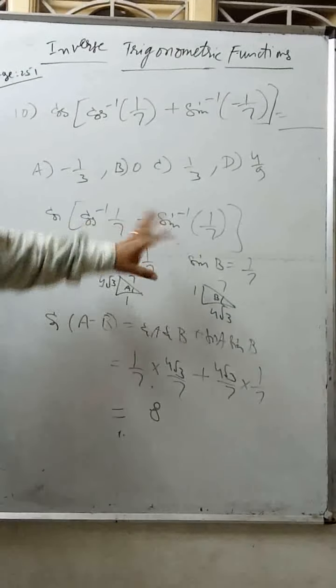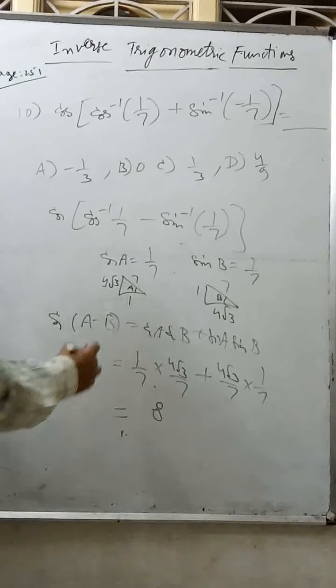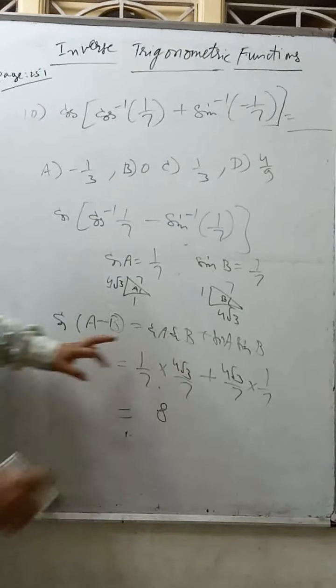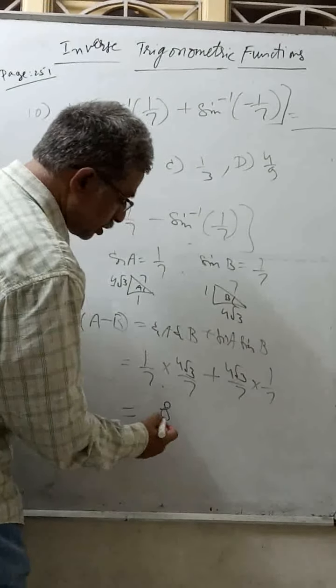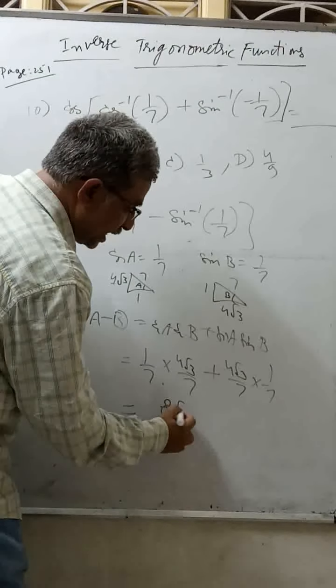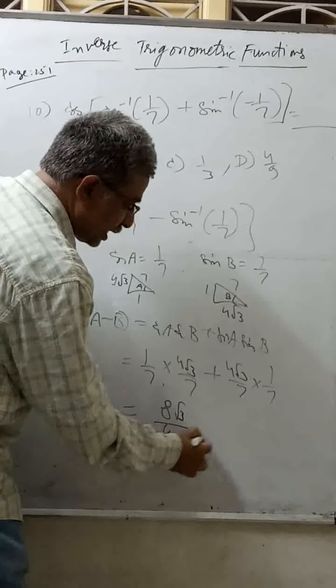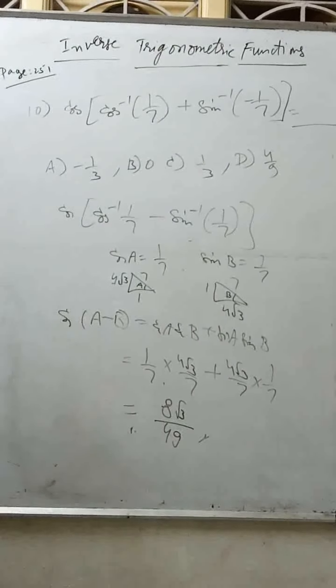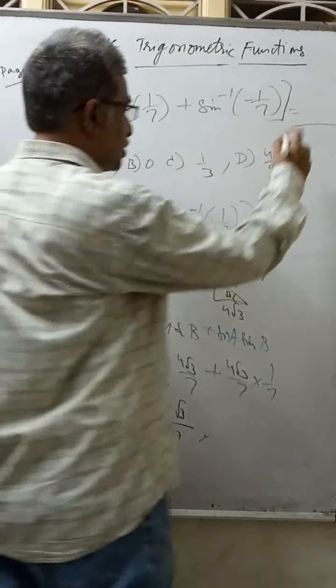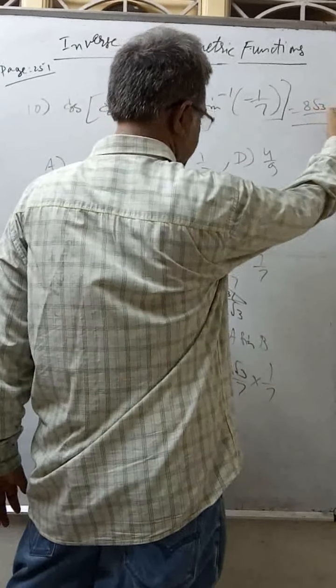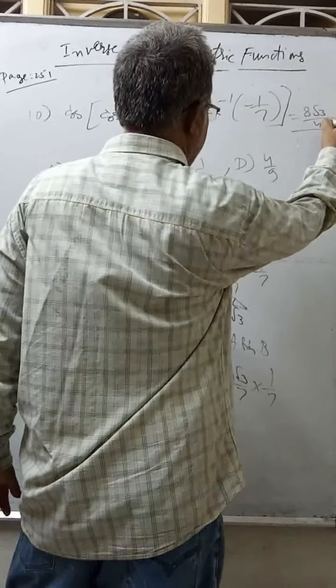The A minus B formula is cos A cos B plus sin A sin B. So this is equal to 8 root 3 by 49. Observe, there is no such option, which means it was given wrong. So our answer must be 8 root 3 by 49.